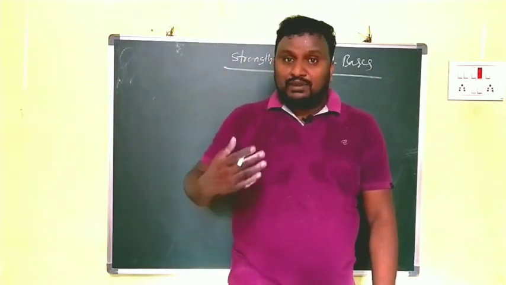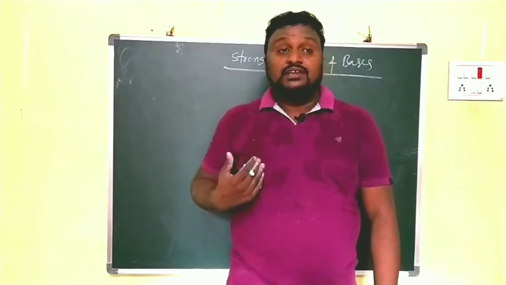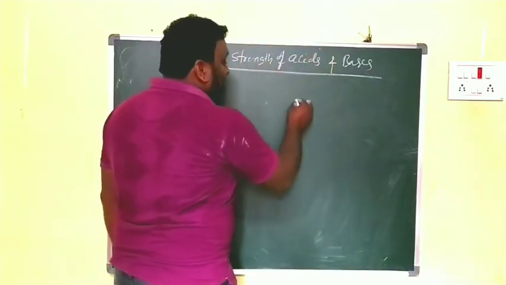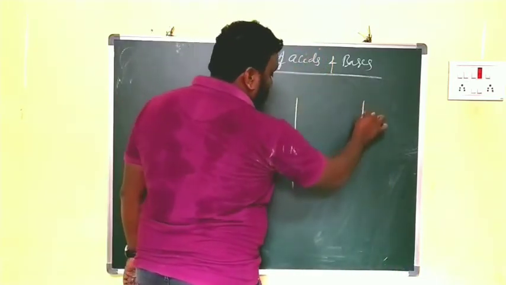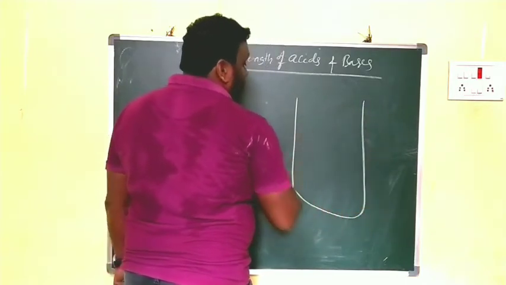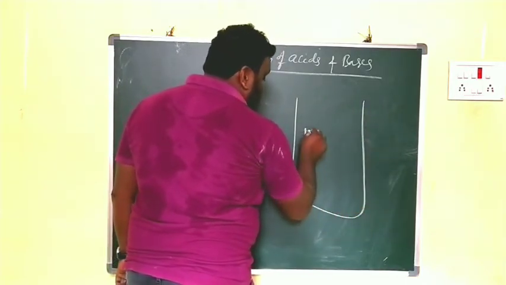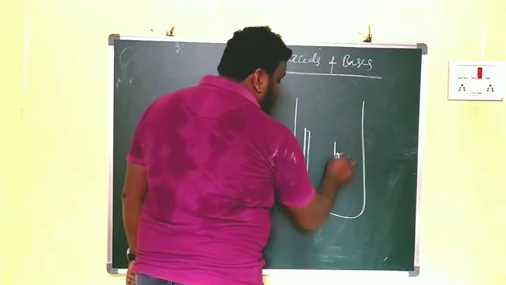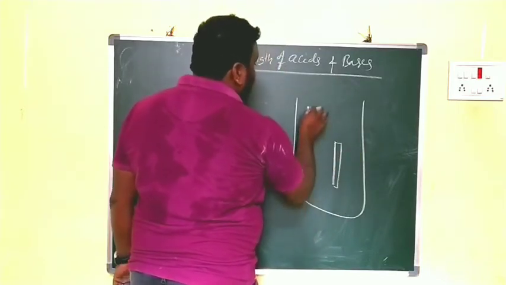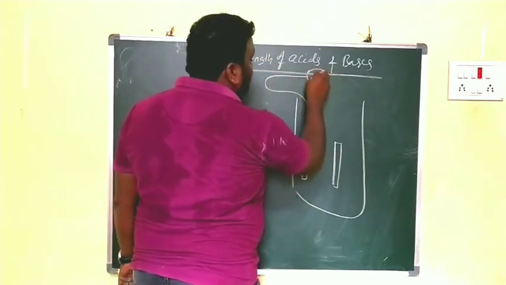For example, in the previous video we did an activity, so we are using the same activity here. We take two graphite rods, which are connected to a battery.